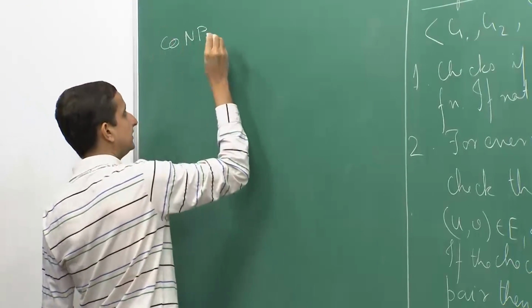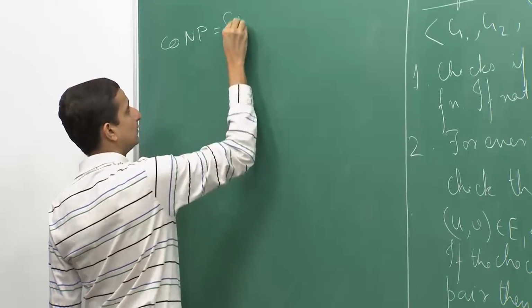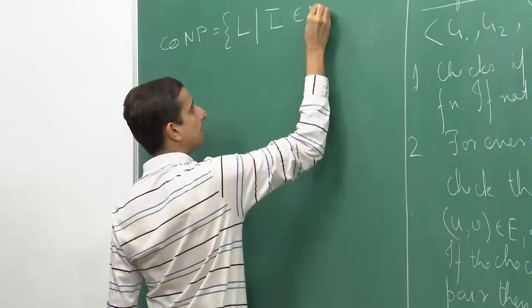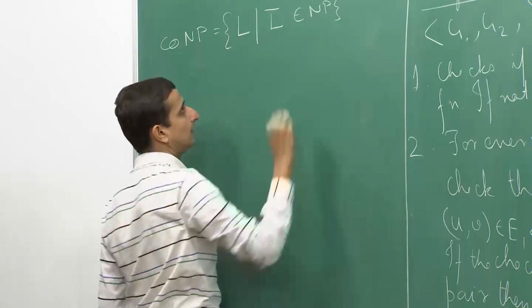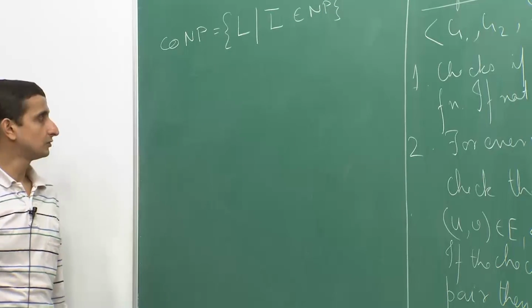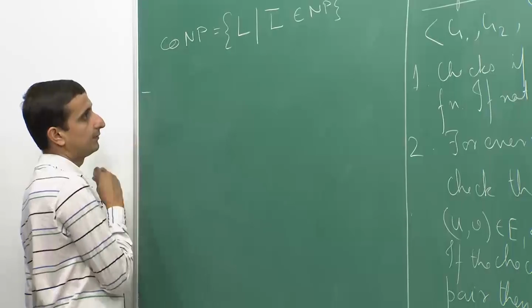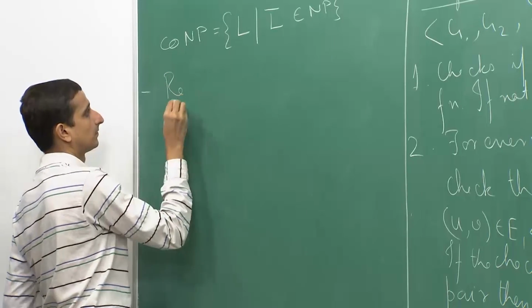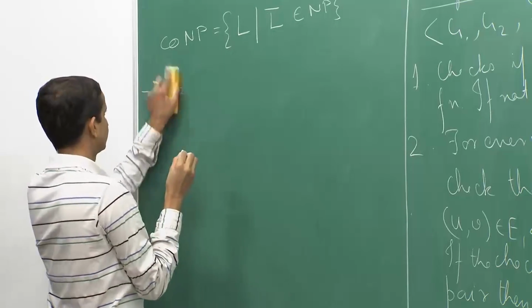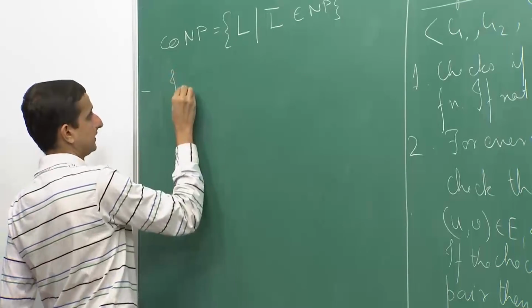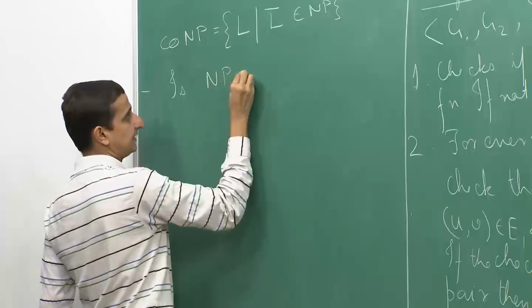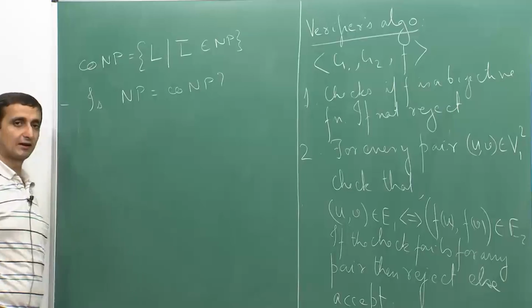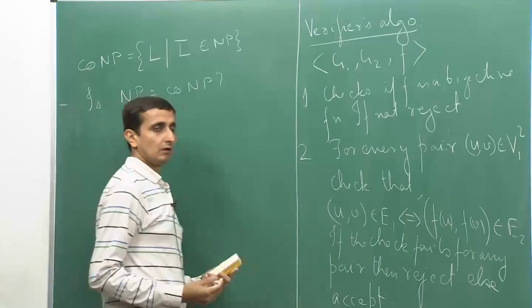So, co-NP is the class of problems L such that L complement belongs to NP. Okay. So, what is the relation between NP and co-NP? So, is for example NP equals co-NP? So, what can we say about these two?